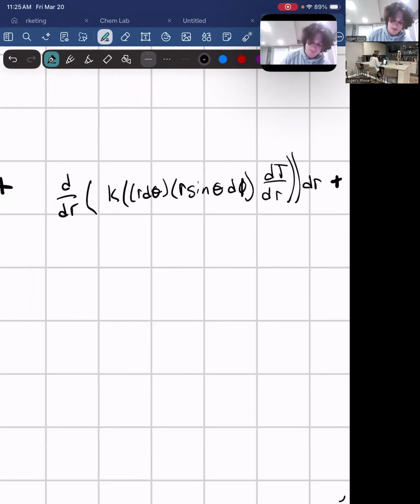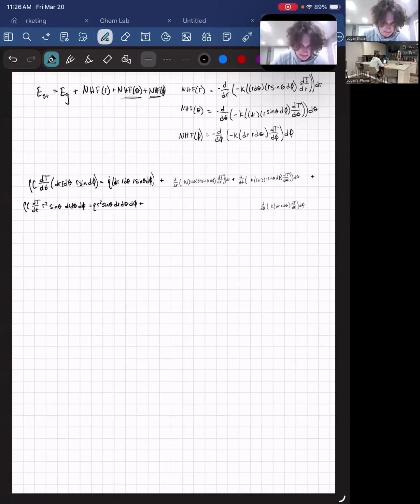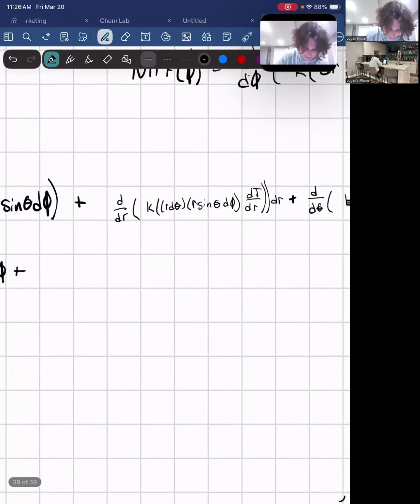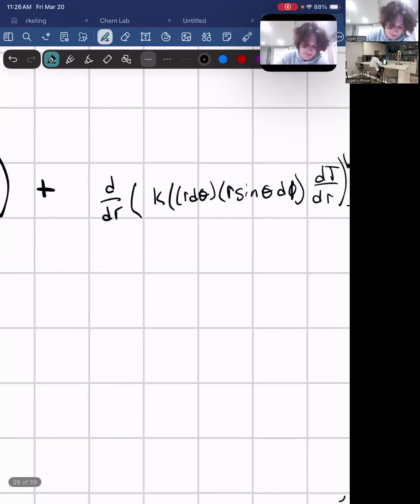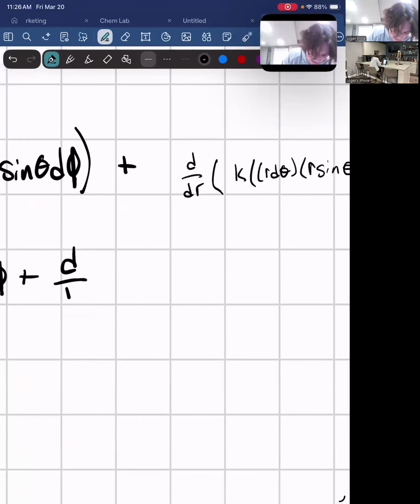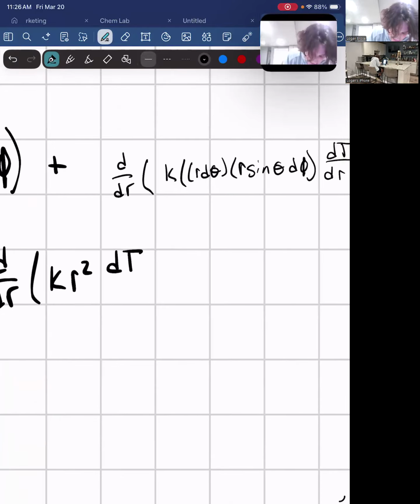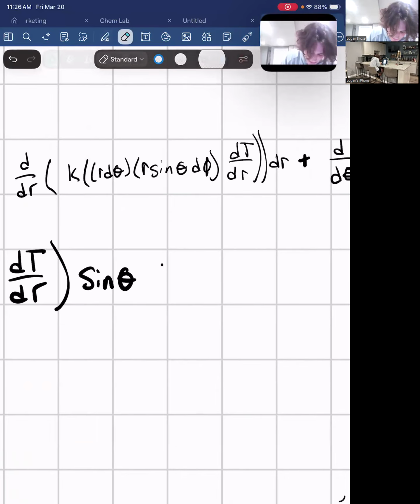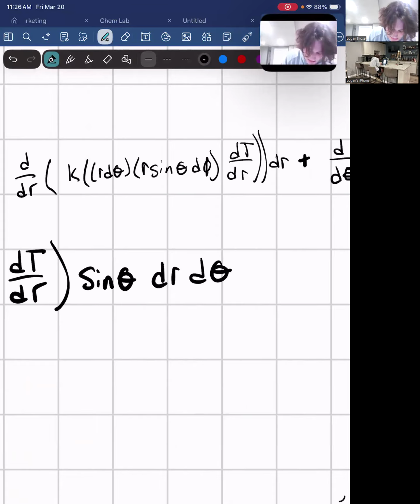When we look at this next term here, the r's have to stay in because we're in terms of r, so it's d dr of k r squared dT/dr, and our sine theta. Our dr d theta d phi all are out.